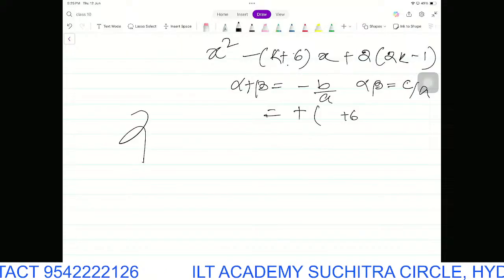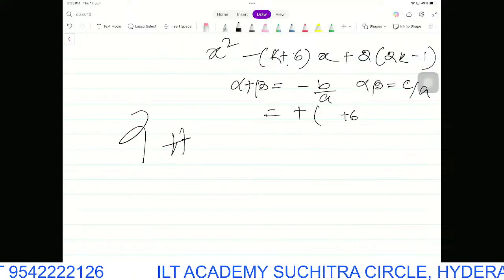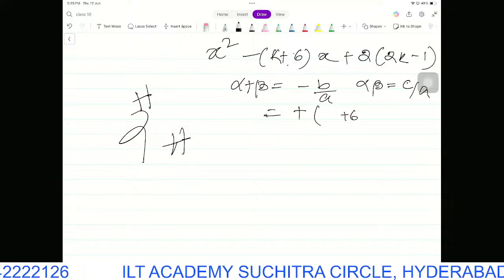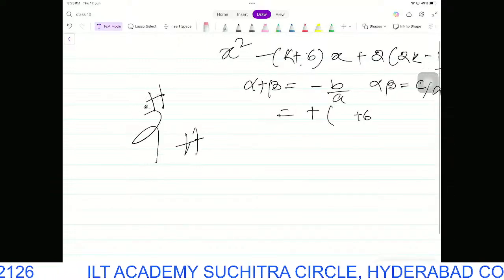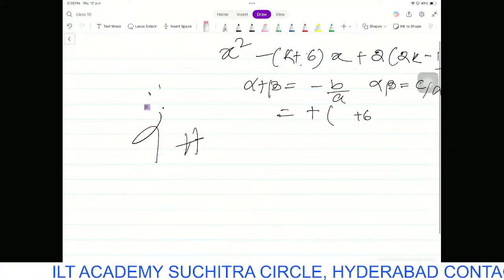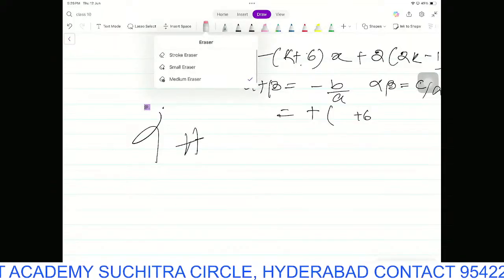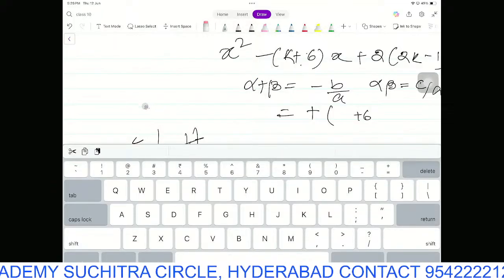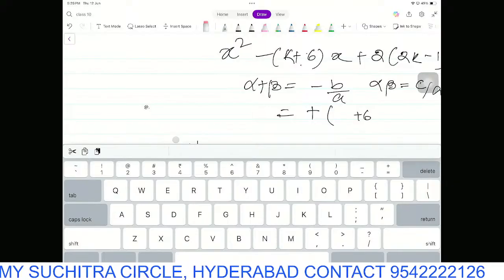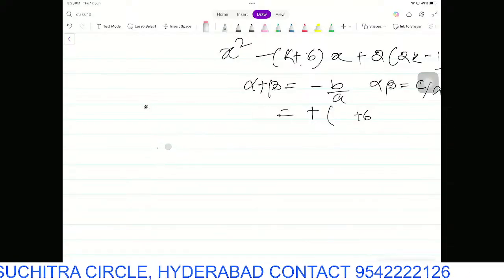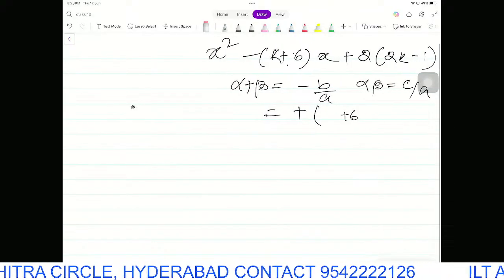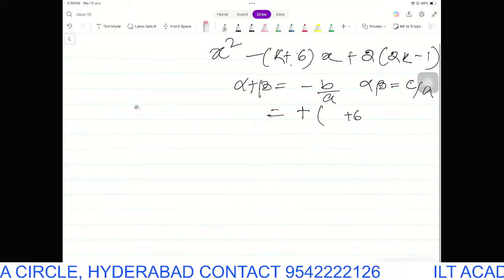Sometimes automatically that text mode is coming, because you have selected this. Is it working now?